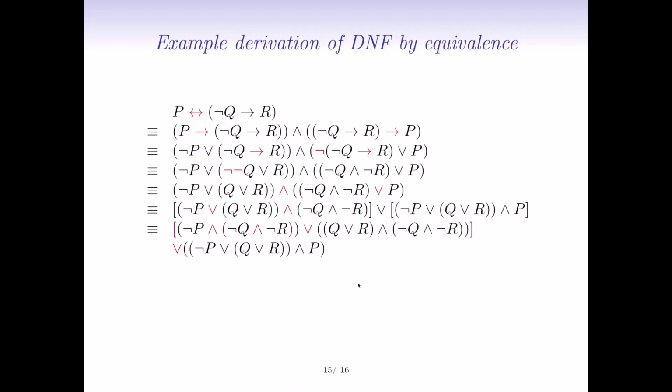Now, my highlighting here looks complicated, but it was only because I couldn't select a color for some reason. Here I just meant to observe that we have some associativity laws at work. So we have not P and not Q and not R, but of course we can drop these brackets here because that's just the same as not P and not Q and not R. We don't need any brackets there.